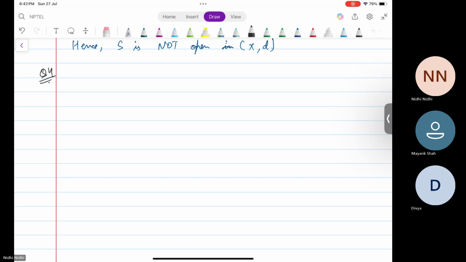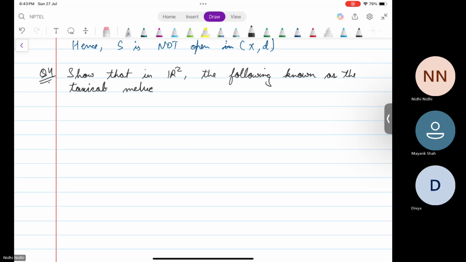Question 4. Show that in R2, the following, known as the taxicab metric, is indeed a metric.